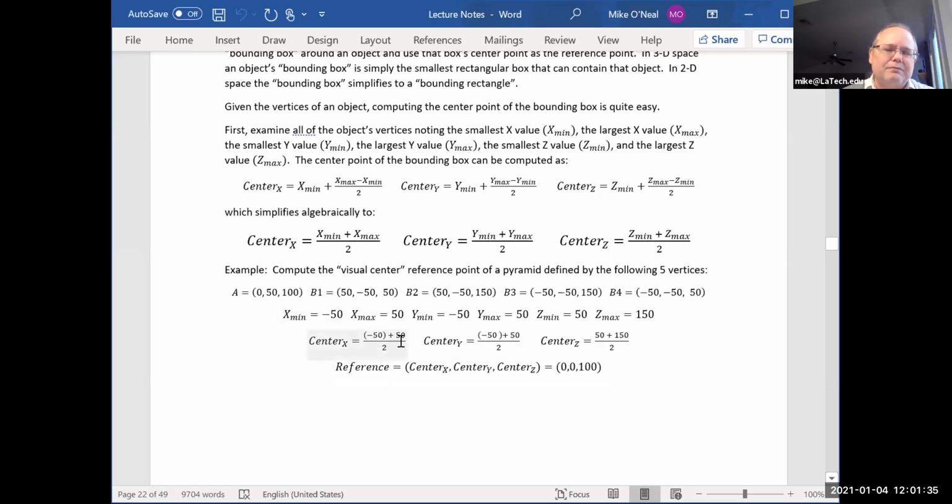Minus 50 plus 50 is 0 divided by 2 gives me a 0. Minus 50 plus 50 also gives me a 0 divided by 2 is 0. And 50 plus 150, that's 200 divided by 2 is 100. So the visual center of this pyramid defined by these vertices is 0, 0, 100.